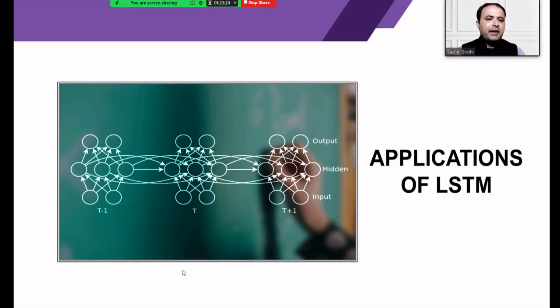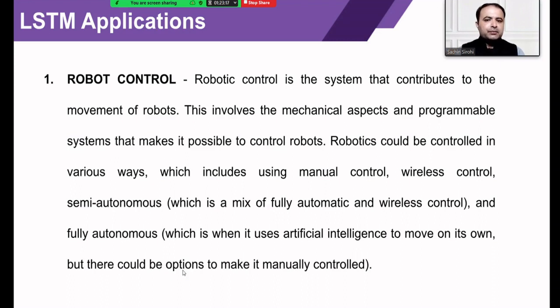Now, applications of LSTM, where LSTM is used. Robot control. Robotic control is a system that contributes to the movement of a robot.